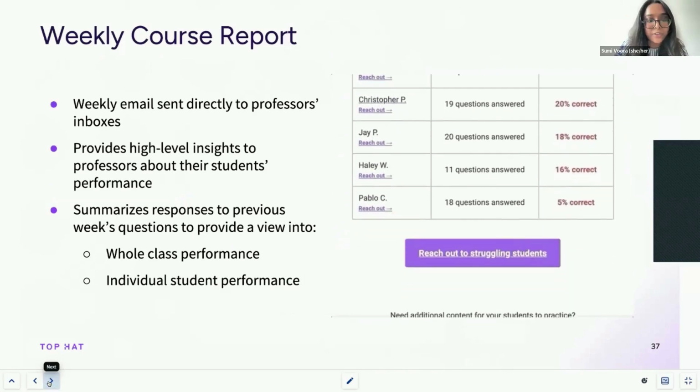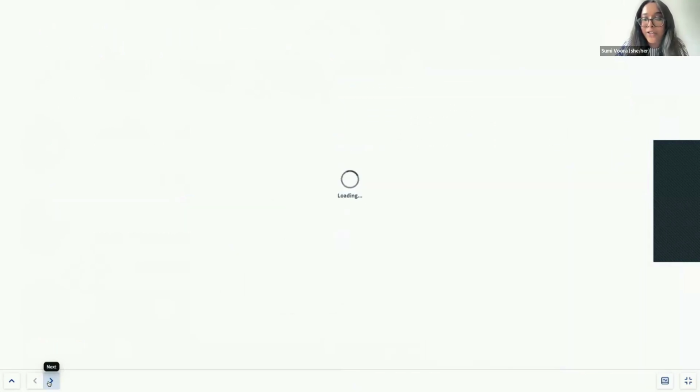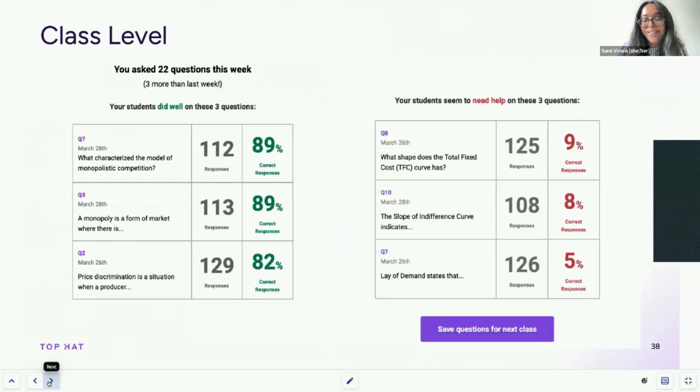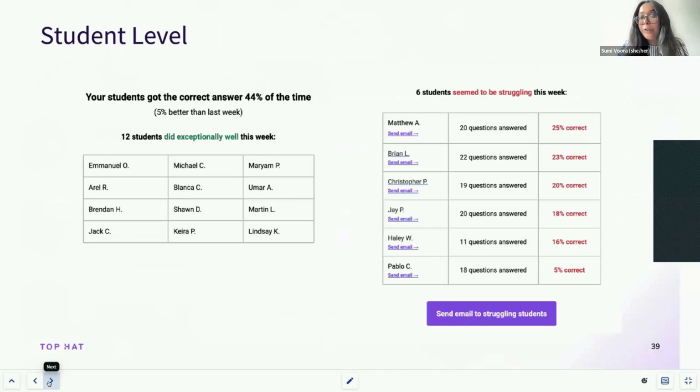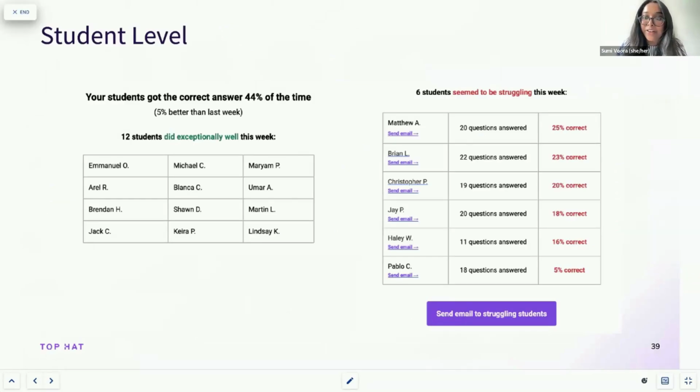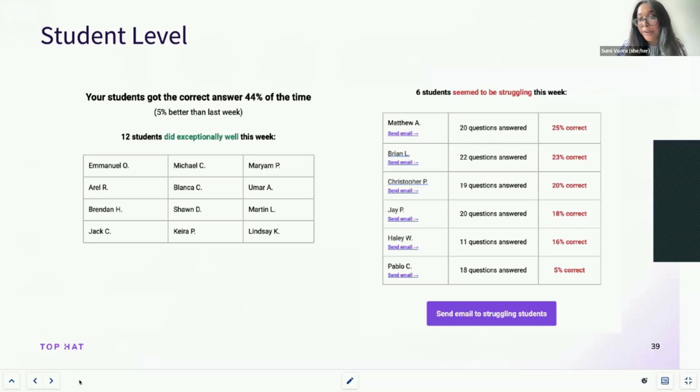It breaks it down at the class level so you can see the questions that were the best performing. It also drills down to the individual student level. So if you're seeing the same names appear in your inbox week after week, you recognize that those students perhaps would benefit from some earlier intervention.